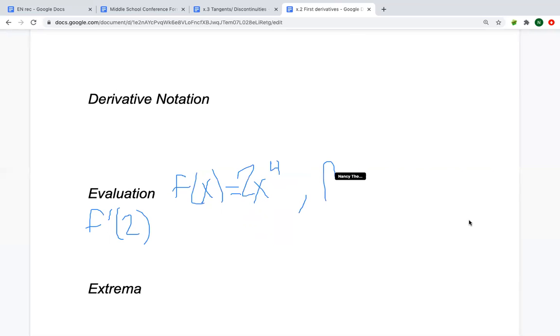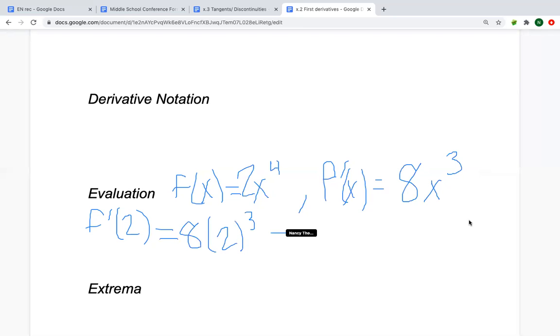Taking the derivative f prime of x, I'm going to bring down the power, so 4 times 2 is 8, and then I subtract 1 from the power, so this is 8x cubed. And now, just like in algebra, you plug in 2. So I end up with 8 times 2 cubed, which is 8 times 8, which is 64. Pretty straightforward. It's just finding the slope at any given moment.